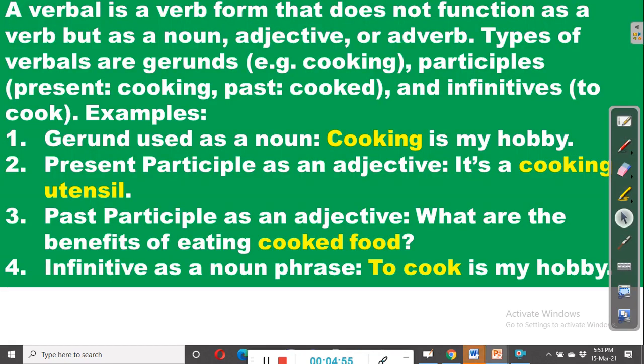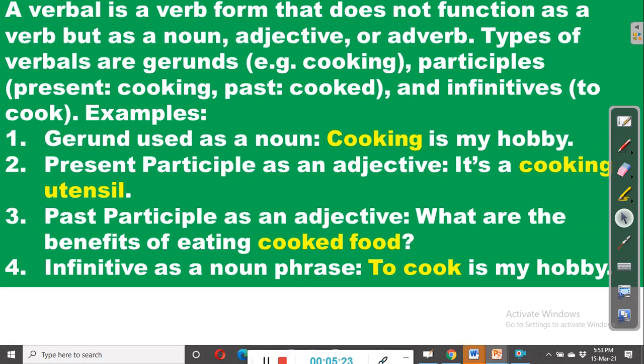Now, a verbal is a verb form that does not function as a verb, but as a noun, adjective, or adverb. I earlier told you that an infinitive is a form of a verb and it is derived from a verb, yet it doesn't function as a verb. Instead, it functions as a noun, as an adjective, or as an adverb.